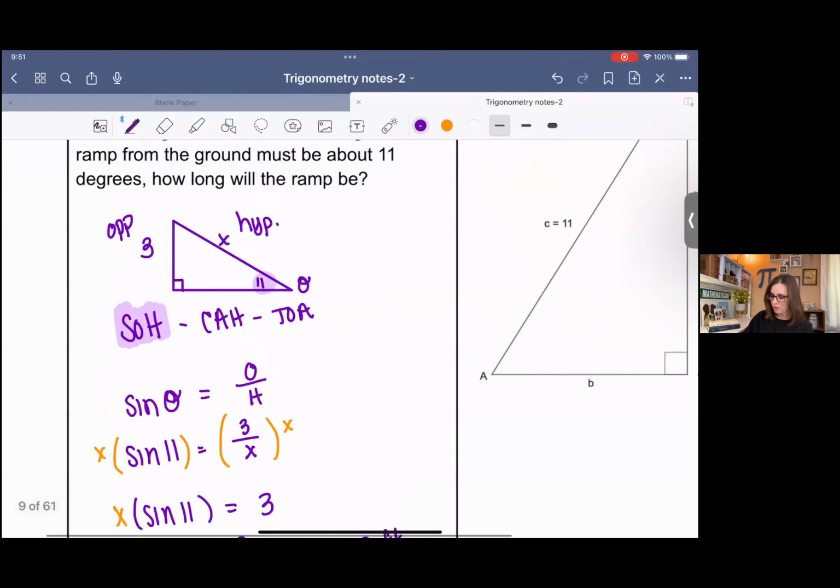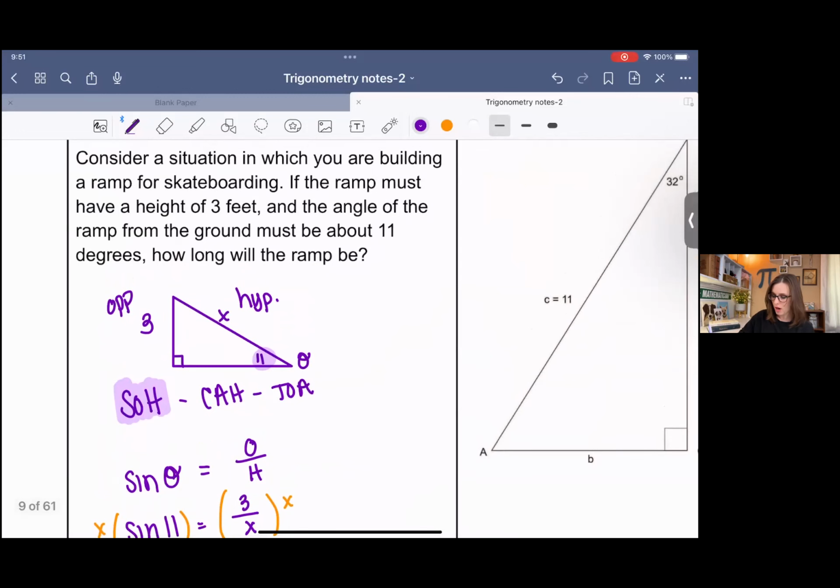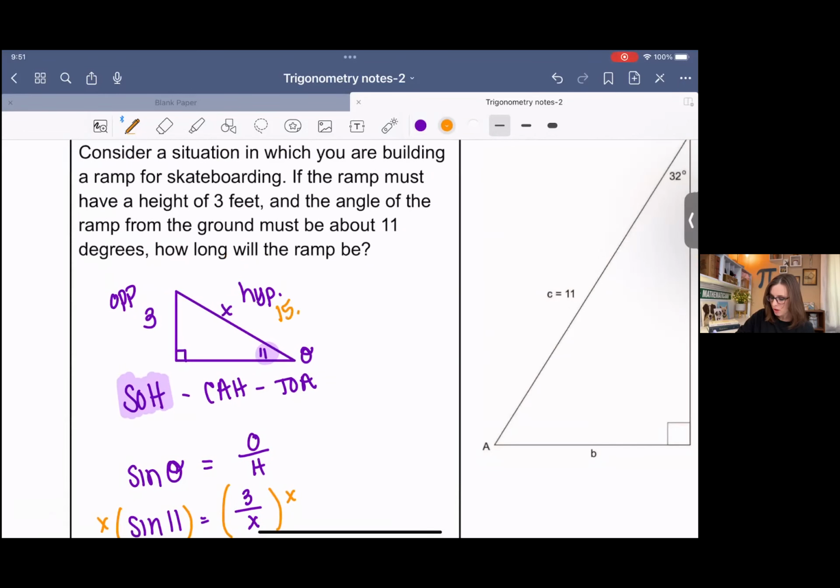So since I've found the approximate solution for the hypotenuse, I can now find the other missing side. If you're solving a right triangle, or if you're solving a triangle, then you're trying to find every missing piece. So that means that now we need to find this third side, and we can use the Pythagorean theorem for that, or we can use another trig function, whatever you prefer, doesn't matter.